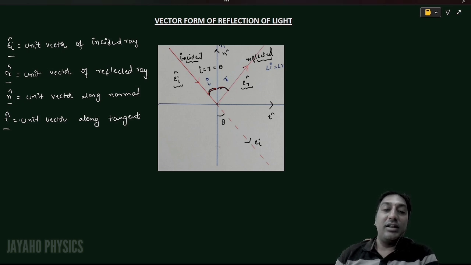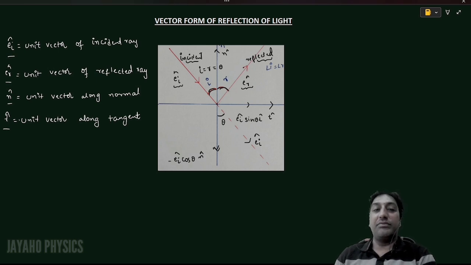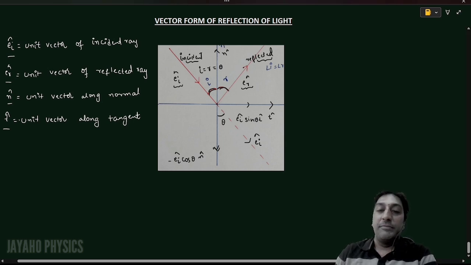If you resolve e suffix of I into two components, you get e suffix of I cap cos theta along n cap, and that I have to take with a minus, because it is in the negative n cap direction. And along the tangent, e suffix of I cap sine theta times t cap.